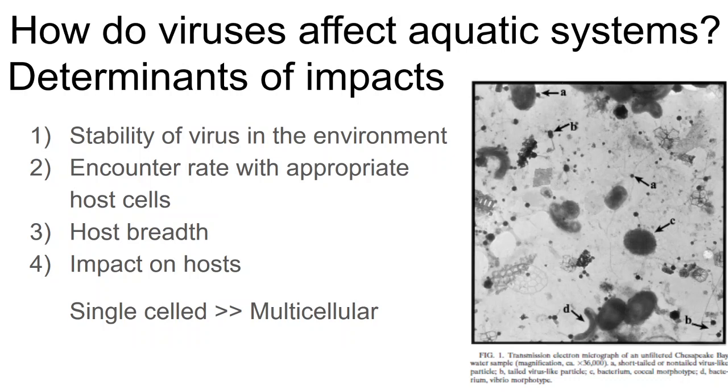Well, if that virus is lysogenic, that means that if that virus is the kind that causes a cell to break apart to release the new virions, it's going to kill that whole organism if it's a single-celled organism. Multicellular organisms might have mechanisms that can reduce the damage that it experiences. And so that organism might be able to survive even if the virus is the kind that breaks cells apart.